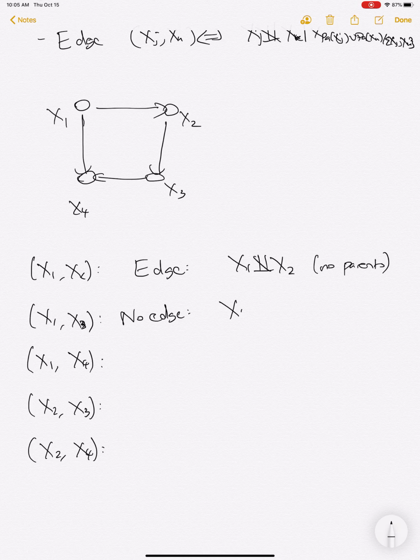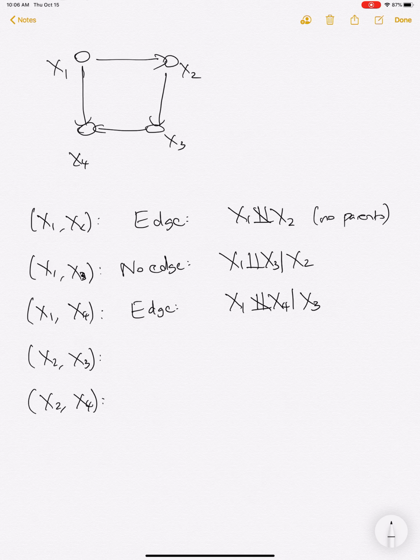So that means we have an independence, and we have to condition on the parents of x3, which are x2. So x2 is a parent of x3, so we need to condition on that. x1 to x4, there's an edge. So what that tells us is that x1 is dependent on x4, and we need to condition on all the parents, and the only parent of x4 that's not x1 is x3.